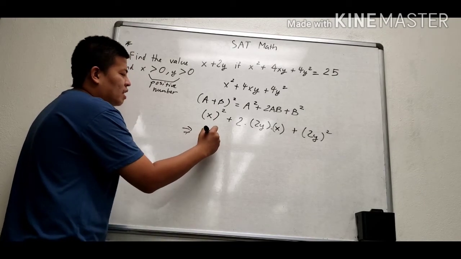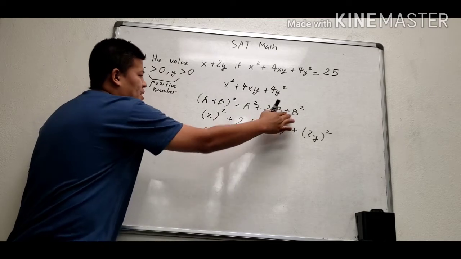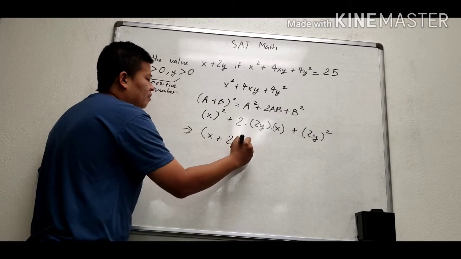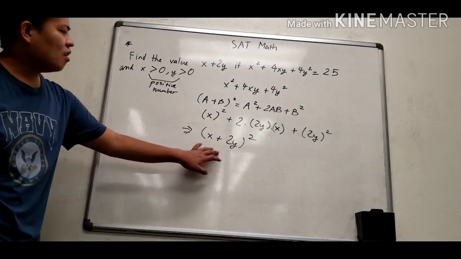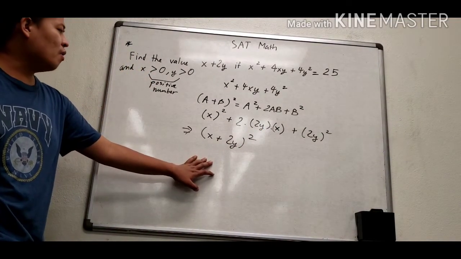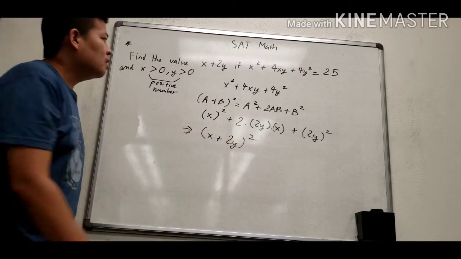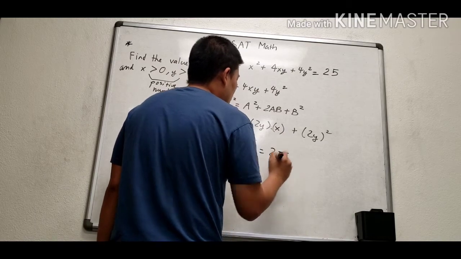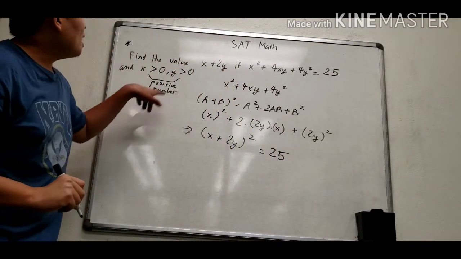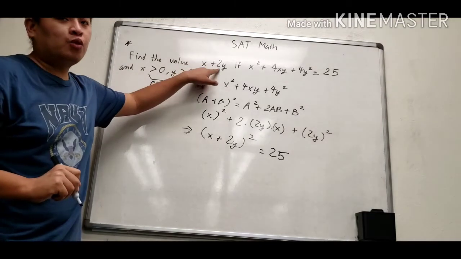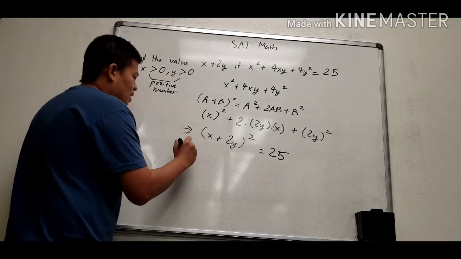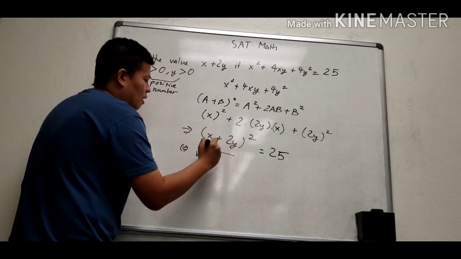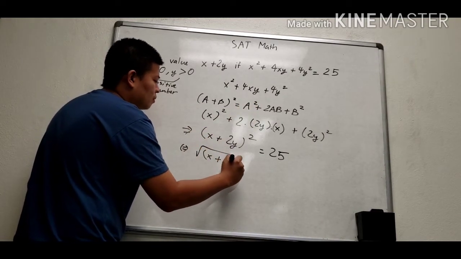So we have capital A is s, and capital B is 2y, and we get (s plus 2y) squared equal to 25. The question asks to find the value of s plus 2y, and we can put the square root on both sides.